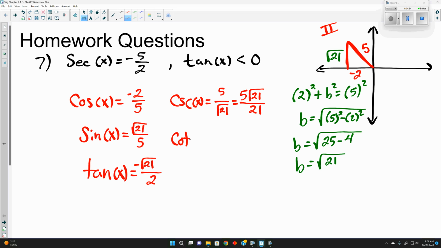And the last one we have is cotangent of x, which is going to be negative 2 over the square root of 21. When we rationalize it, we get negative 2 square root of 21 over 21. And that's it there.